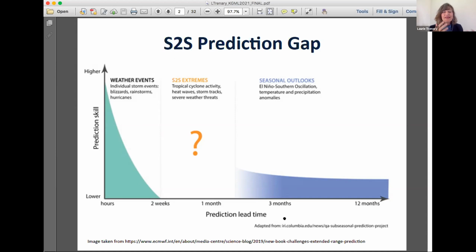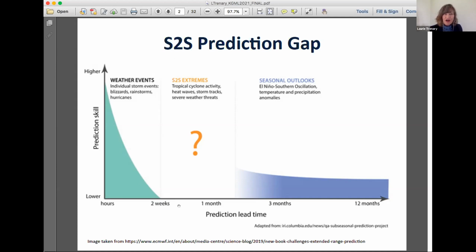As an example, if we have an El Nino that's developing in the tropical Pacific, those evolving SST patterns are associated with well-known atmospheric circulation patterns. So we might expect above average temperatures in certain regions and below average temperatures in other regions. And nestled in between those two timescales is the subseasonal timescale.